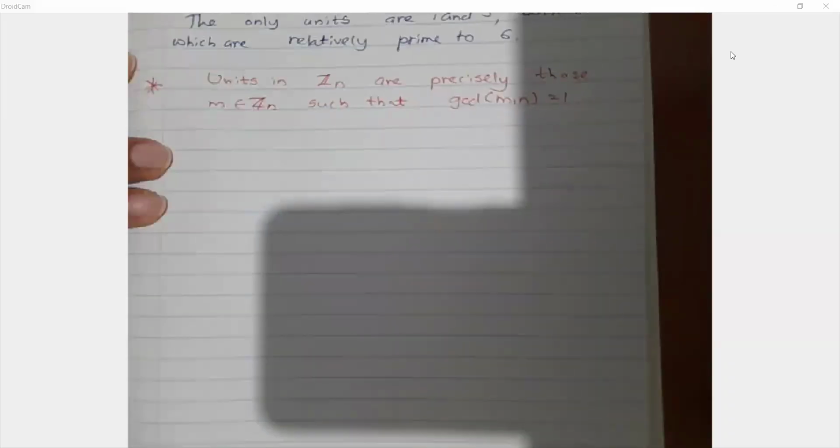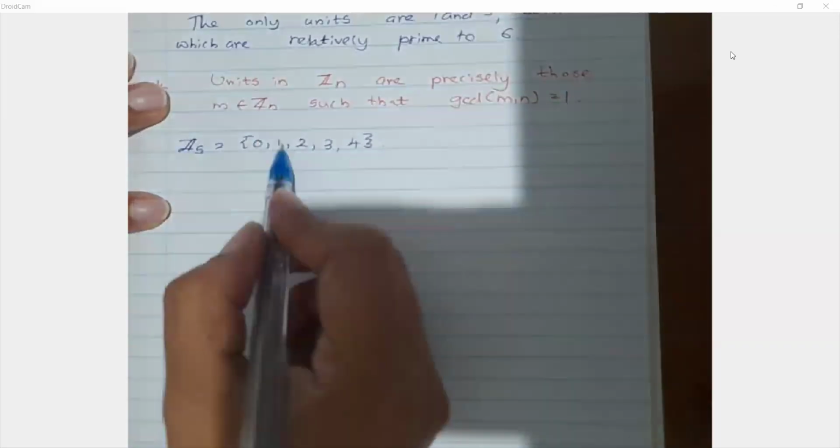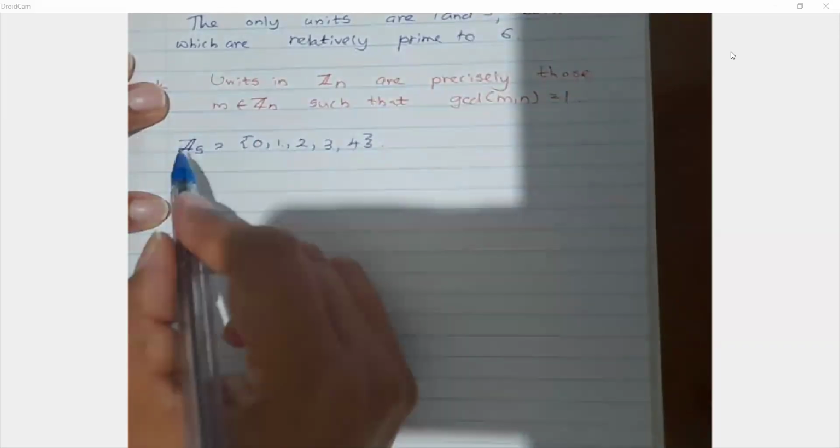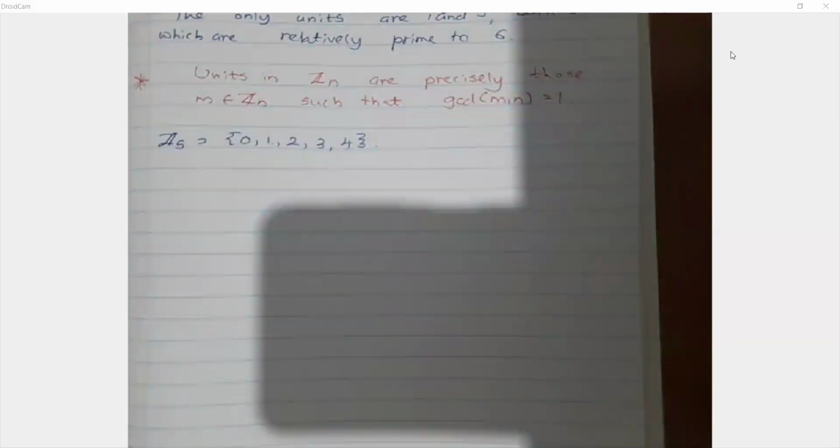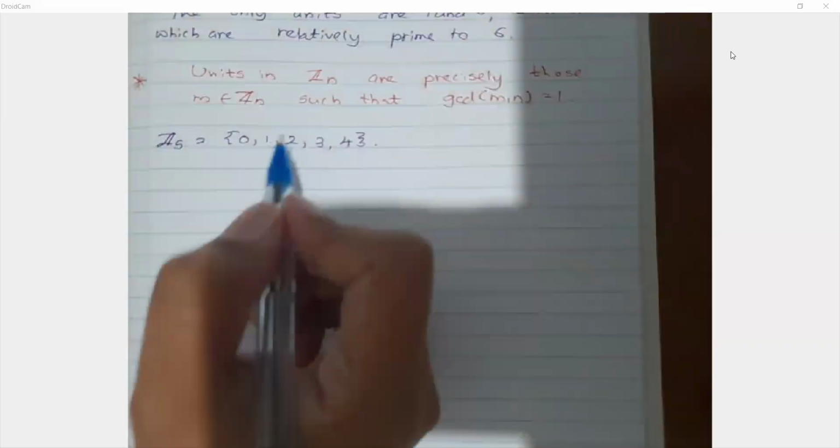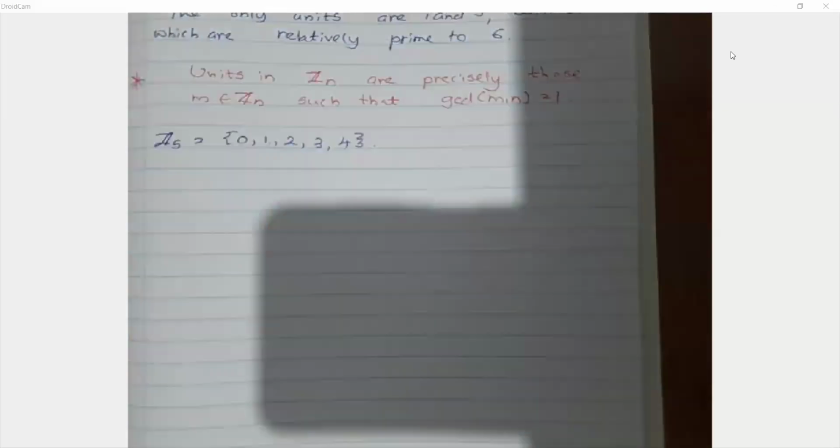Now, if you look at the ring Z5, which contains elements 0, 1, 2, 3, 4, every non-zero element, 1, 2, 3, 4, is relatively prime to 5 because 5 is a prime number. It's only divisible by 1 and 5. Therefore, all of these non-zero elements in this ring must be units.